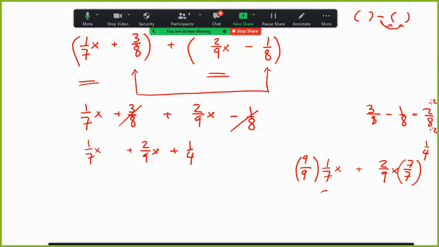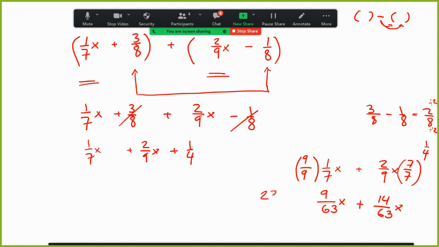9 times 1 is 9. 9 times 7 is 63. Don't forget about that x. 2 times 7 is 14, over 63, and x. Now we can just combine those top numbers, the numerators. 9 plus 14 is 23.